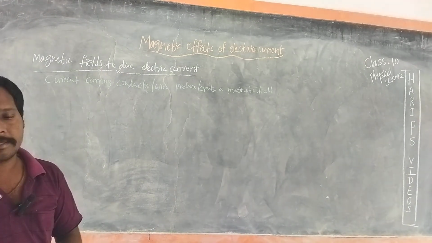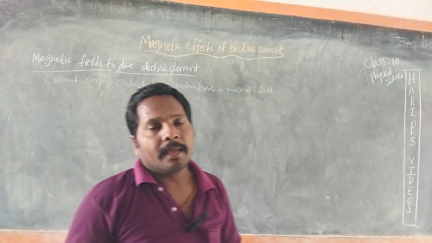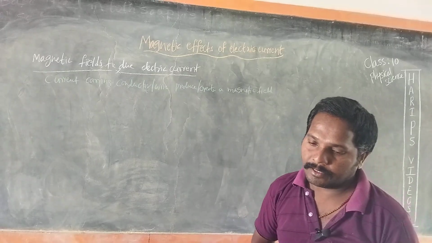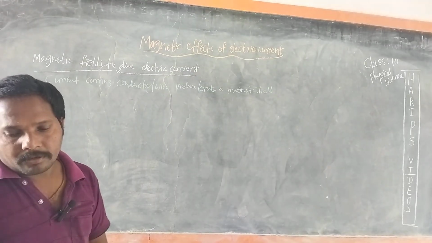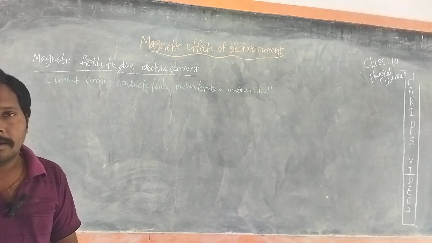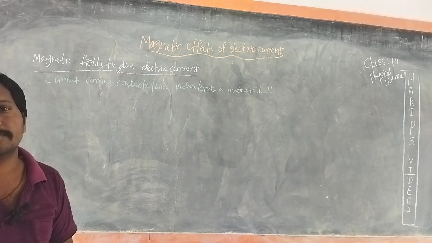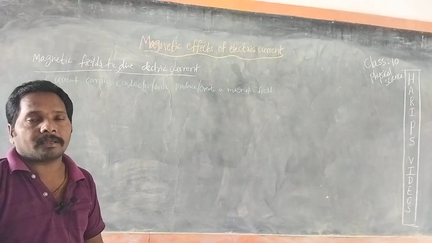We can understand the magnetic field produced by a current carrying conductor in three cases, and also know in which direction the magnetic field is formed, in which direction the magnetic field lines are formed.